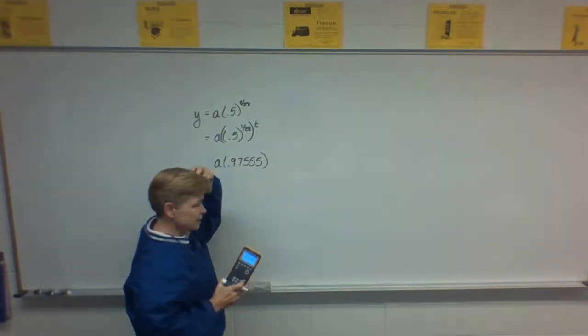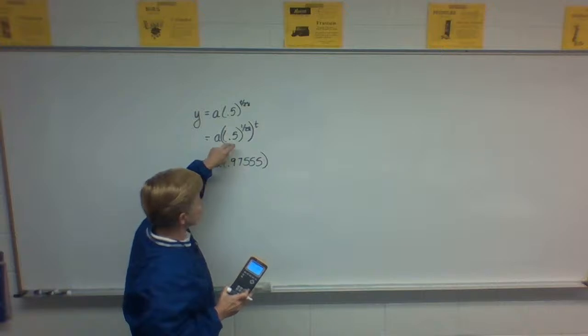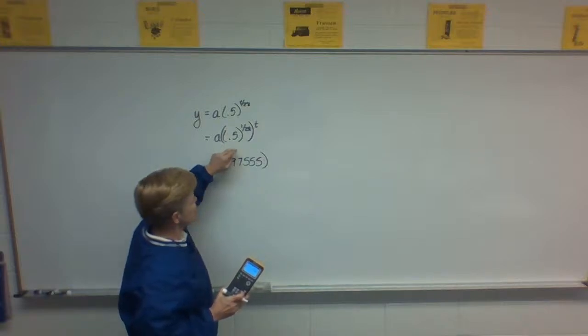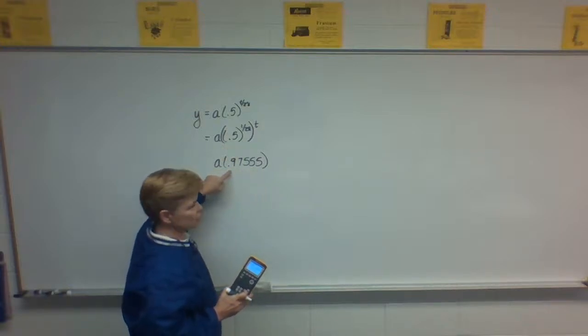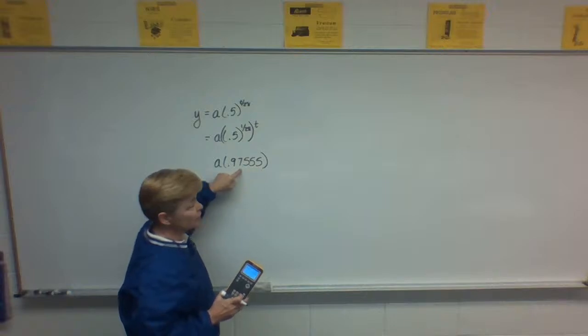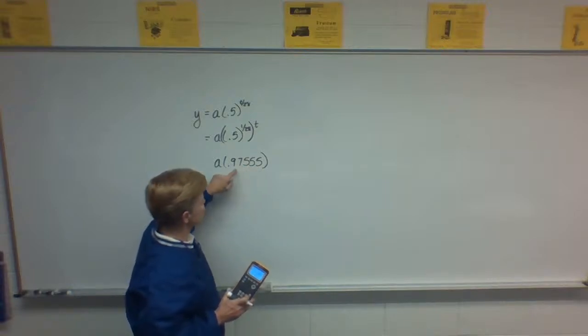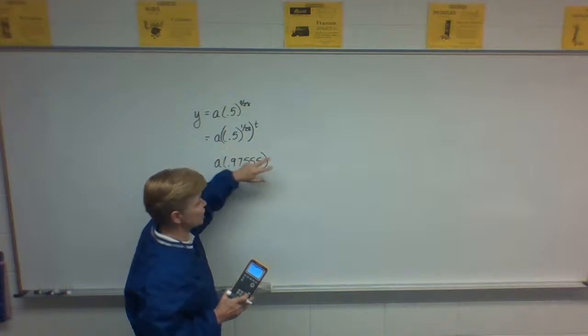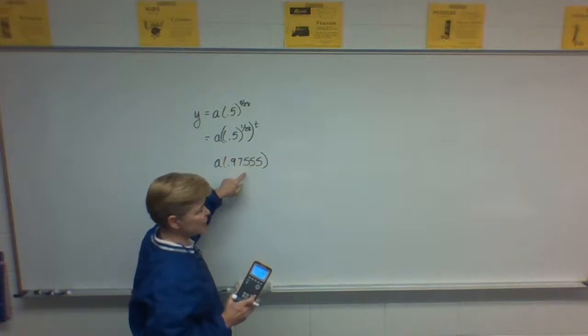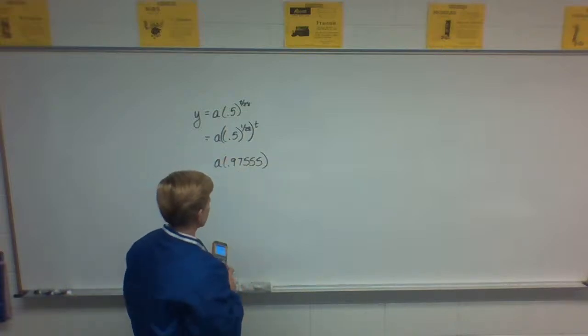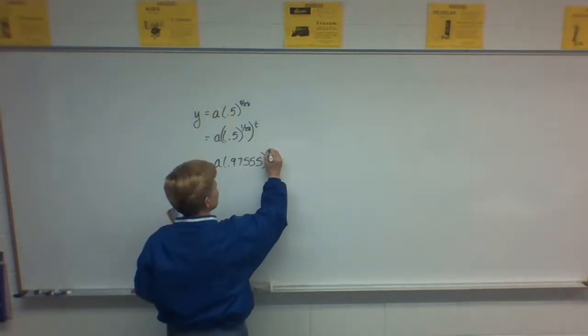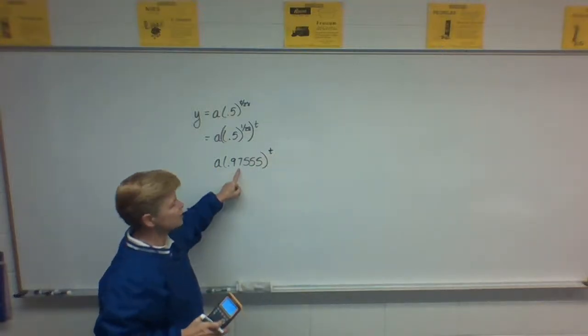But these factors, the growth or decay factors, are extremely sensitive to change. So you want this to be fairly accurate, several decimal places. You make a small change in this, you make a big change in the outcome. And that now is raised to the T.